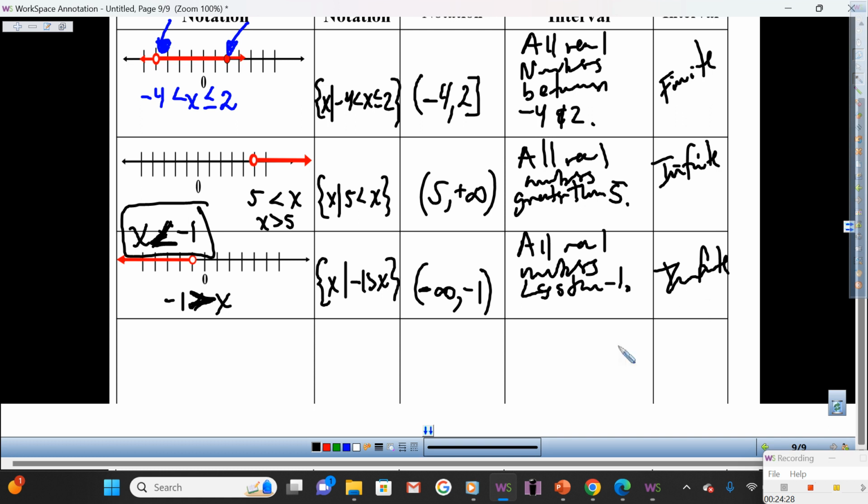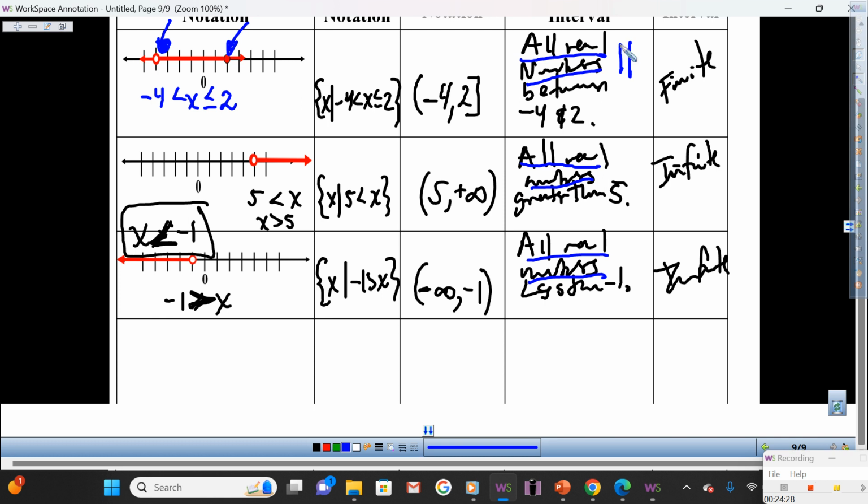All right, so now let me show you. Look up, please. Some of you are saying that's a lot of writing for the explanation. So let me replace some of those words with a symbol. Anytime you want to say all real numbers, just use the symbol. Pay attention to this part.